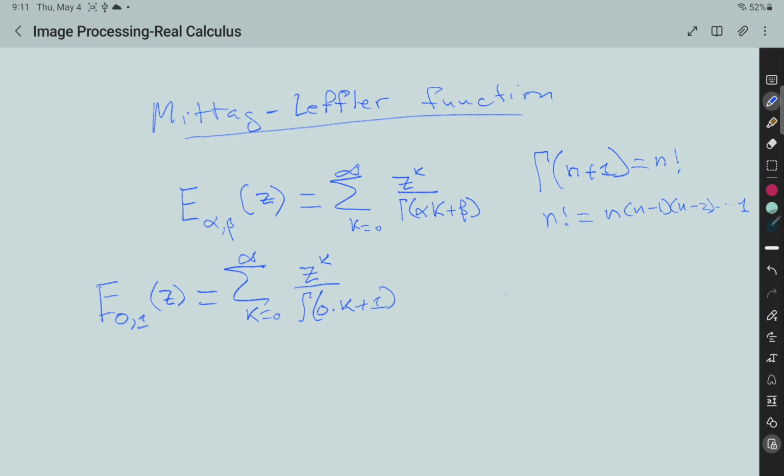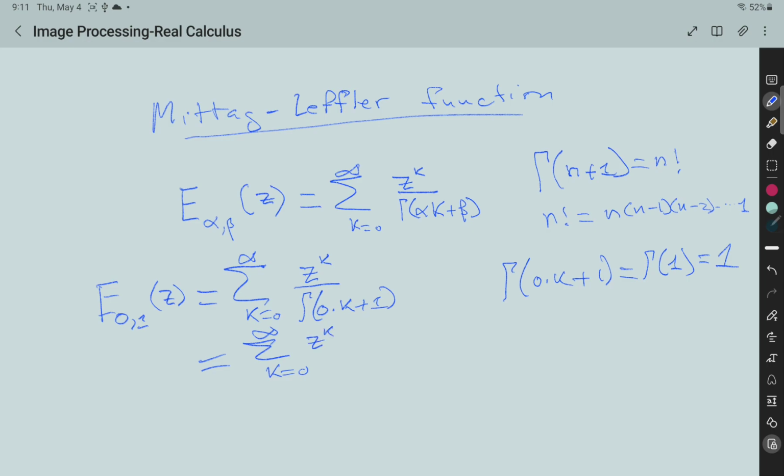So gamma of 0 times k plus 1 is the same thing as gamma of 1 for any given k. So this is by definition equal to 1. So what you're left with is just an infinite sum from k going from 0 to infinity of z raised to the k power.